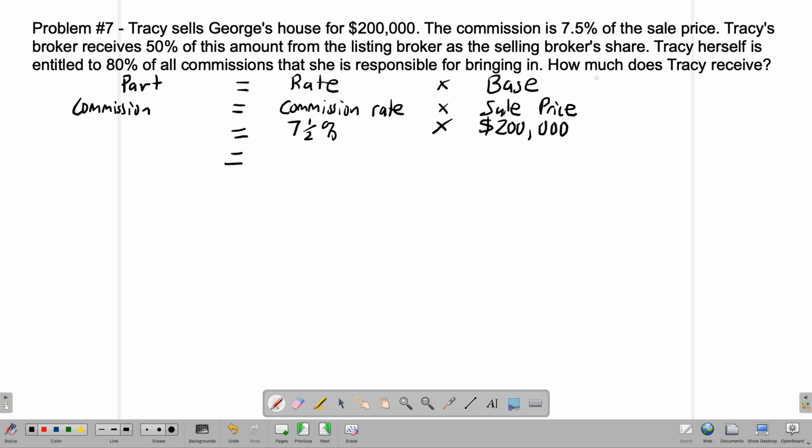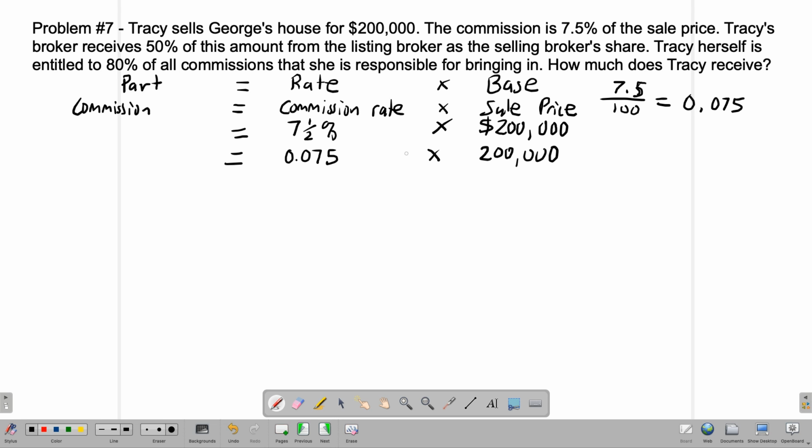So we have the 7.5. This is 7.5, the same as saying 7.5 divided by 100, and that's going to produce a value of 0.075. So replace that here. 0.075 times 200,000 equals the commission.